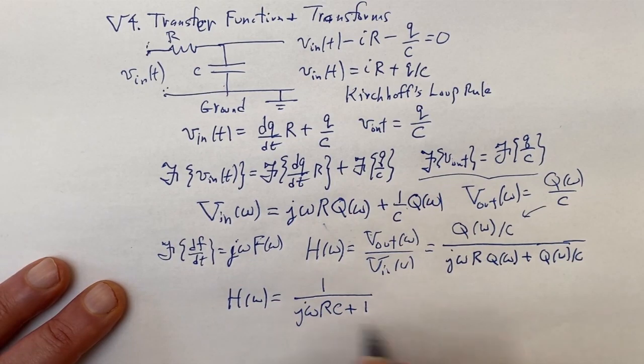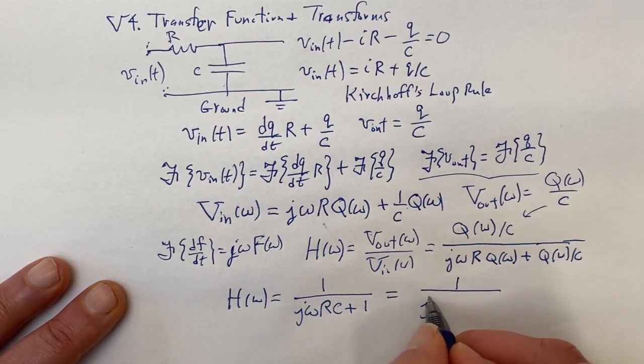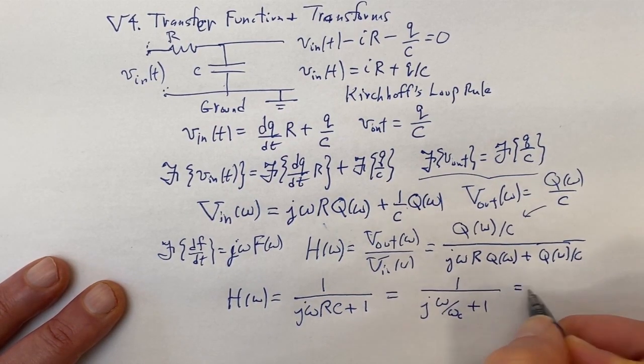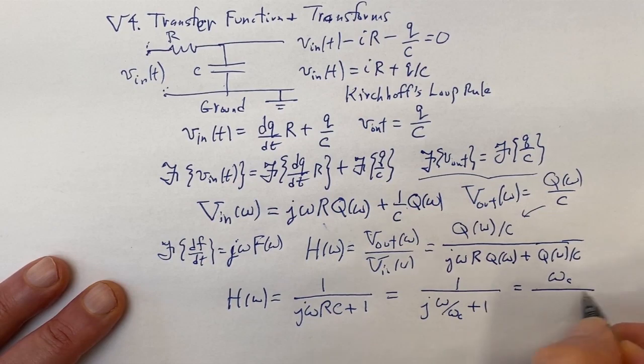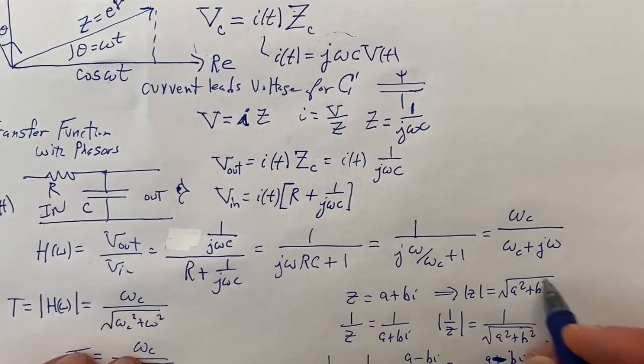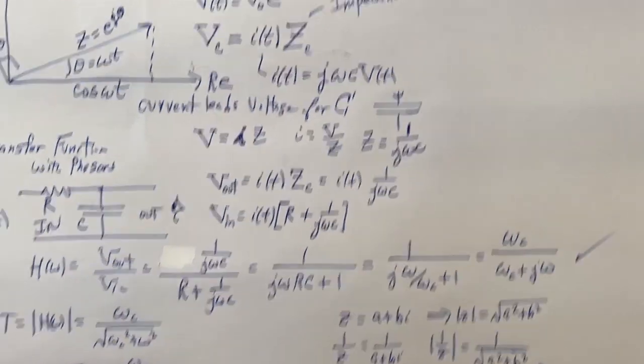But wait a minute, this is the answer. This is what we got before. This is 1 over j omega over omega_c plus 1, which was omega_c over omega_c plus j omega. Got that before. Like we're finished. That's it. We got it.